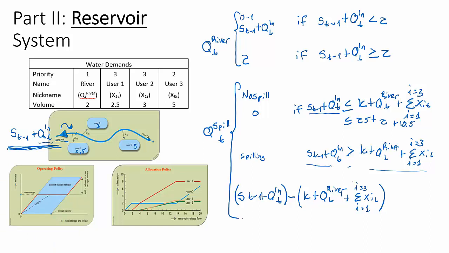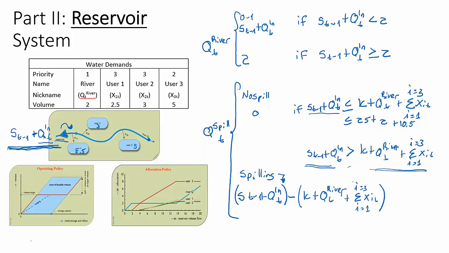So this will be the amount of water that will be spilling, and in this case, this amount is what I just wrote in here. So this is how much water it will spill, and that will only happen when this occurs.